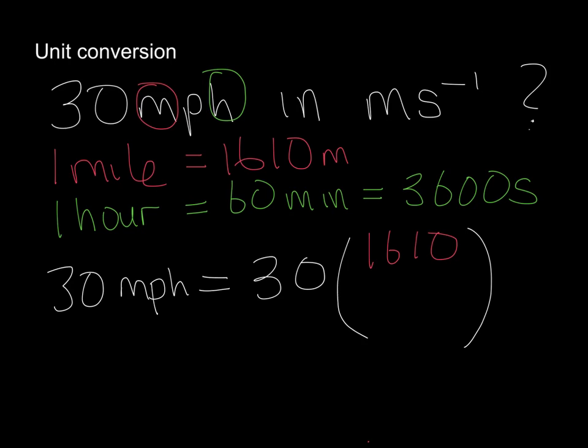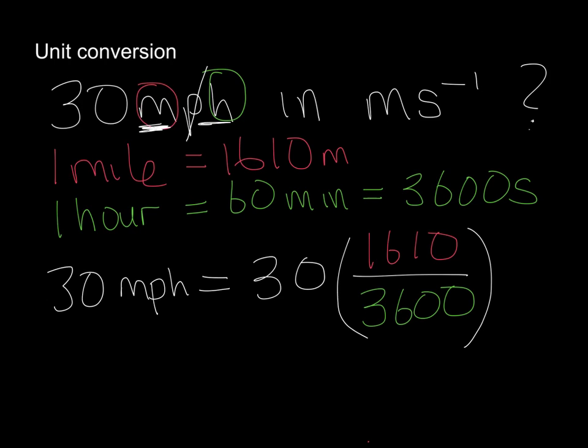1,610 because we've substituted miles for 1,610 meters, and per hour here, remember per hour, the hour is underneath the division sign, so it's miles over hours, and we substitute that with 3,600 seconds.